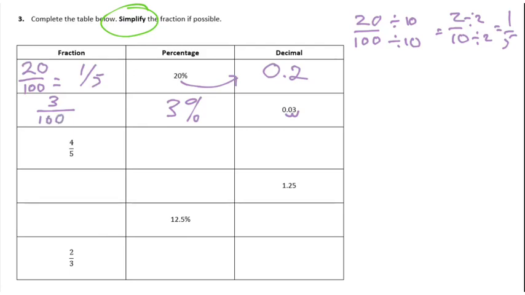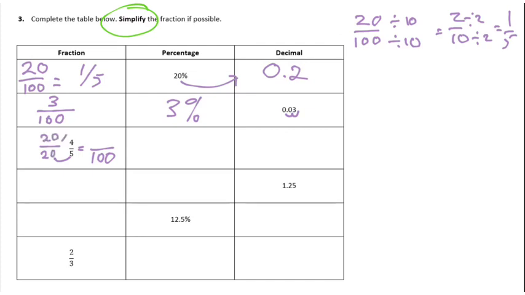Okay, so 4/5. To turn that into a percentage, I can either do a division, or in this particular one it's a nice number, so I can convert that into an equivalent fraction where the denominator is 100. Think about 5 times what is equal to 100, and 5 times 20 is equal to 100.